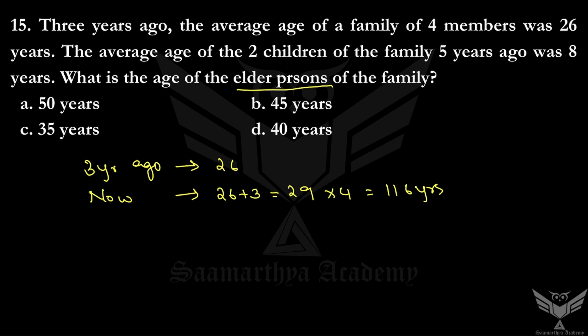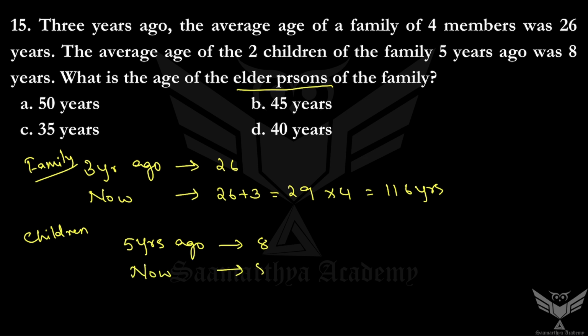Similarly, this is for the family. Now for children, 5 years ago, it is 8 years. Now it is 8 plus 5, that is 13 years.